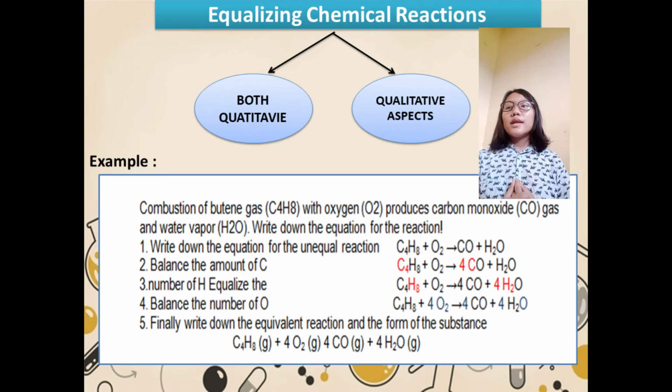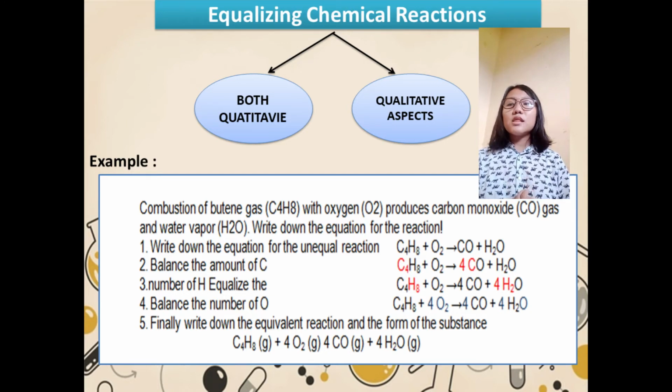Write down the unbalanced reaction equation: C4H8 plus O2 produces CO plus H2O. 2. Balance the amount of C: C4H8 plus O2 produces 4CO plus H2O. 3. Balance the number of H: C4H8 plus O2 produces 4CO plus 4H2O.